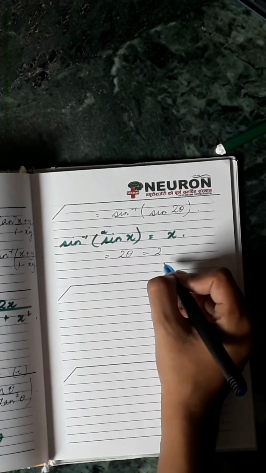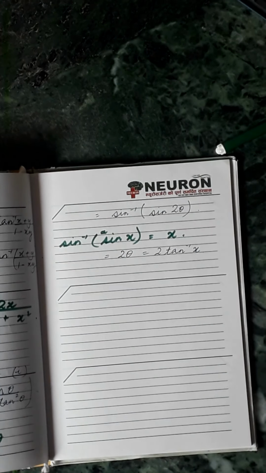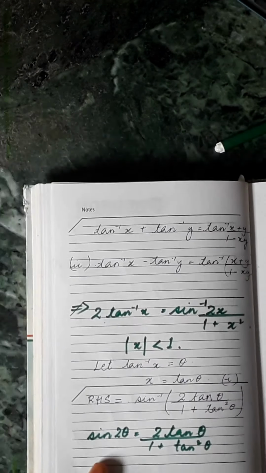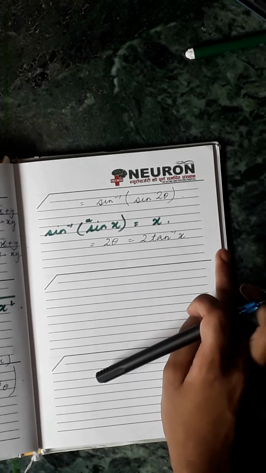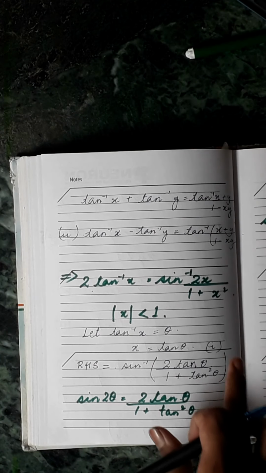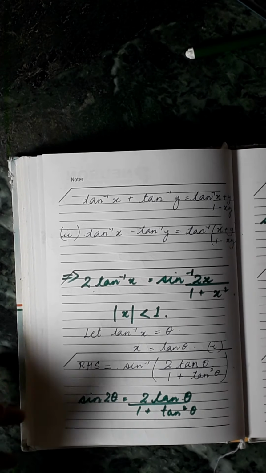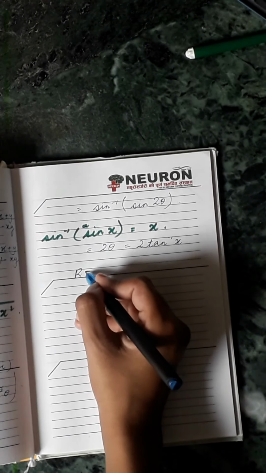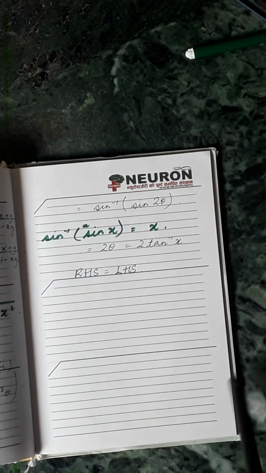In place of theta you can write tan inverse x. Isn't it? See, this was what you have left, tan inverse x as theta. So what your RHS has become is 2 tan inverse x. And see what was your LHS? Your LHS was 2 tan inverse x. So you can write RHS equal to LHS. Hence it is proved.